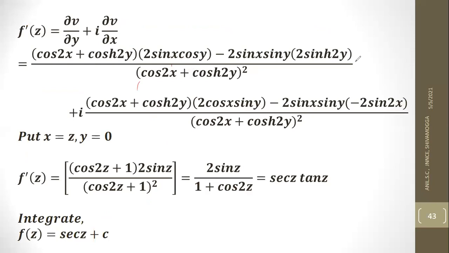This is del v by del y, plus i into del v by del x. Both the partial derivatives are substituted.